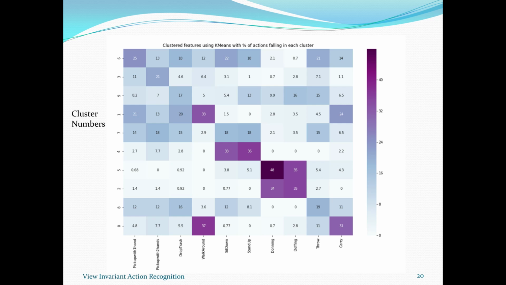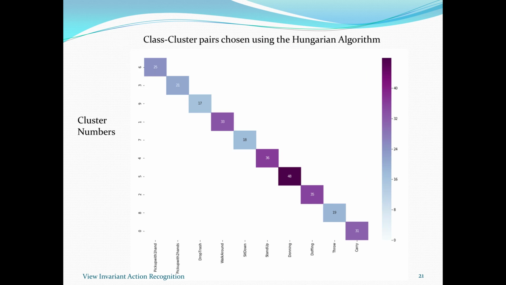And even for lower values, they're still not very low. At this point, we tried to pick up one cluster per class. So we used the Hungarian algorithm to pick one of the highest. And what we got was this. The highest value we got was 48% for donning, one cluster, and the lowest of all, if we pick the highest per one, is 17%.